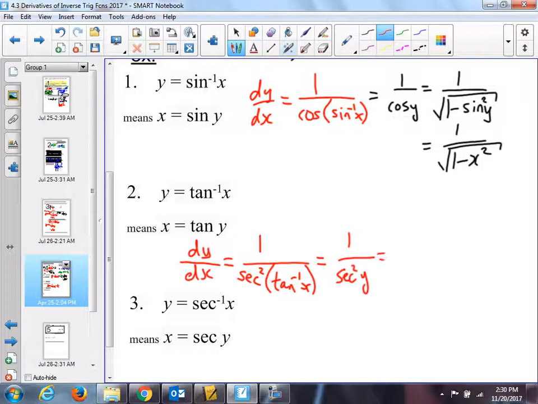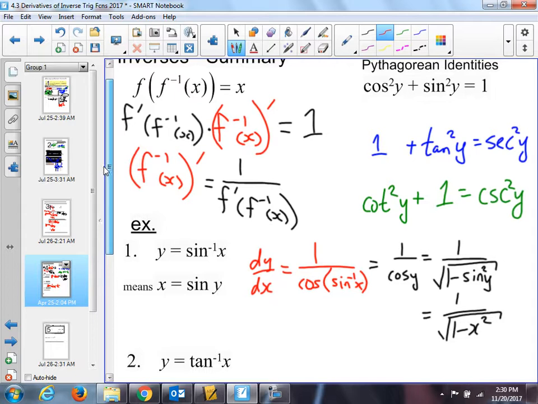But in this particular case, once I see squares and stuff, I think, oh, I can apply the Pythagorean identity. Because secant squared, I want to relate it back to tangents again, right? So 1 plus tangent squared.